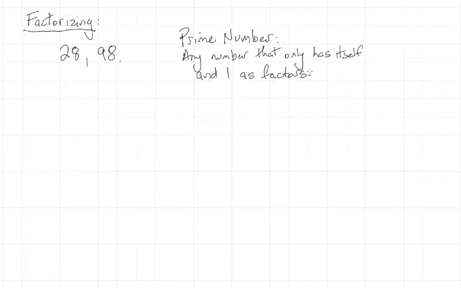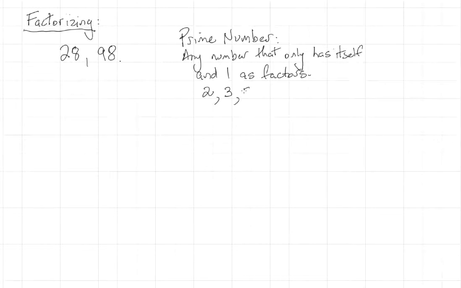So for that reason, the smallest prime number is 2, because it has 2 factors, and they are itself, which is 2, and 1. The next prime number is 3. The only 2 factors of 3 are 3 and 1. We don't have 1 because they're not 2 different factors. 1 and 1 is the same number, so it only has 1 factor. So a prime number has 2 factors, itself and 1.